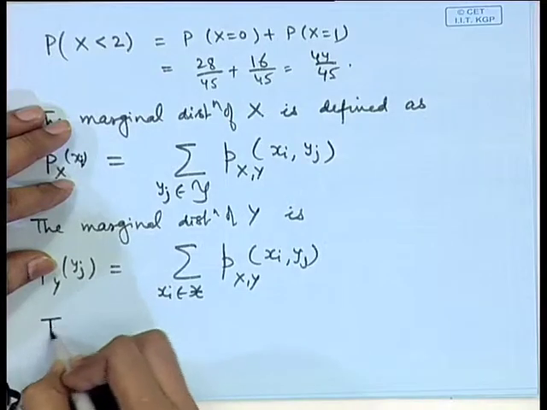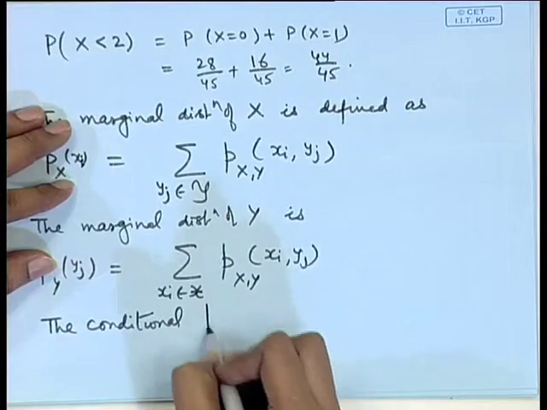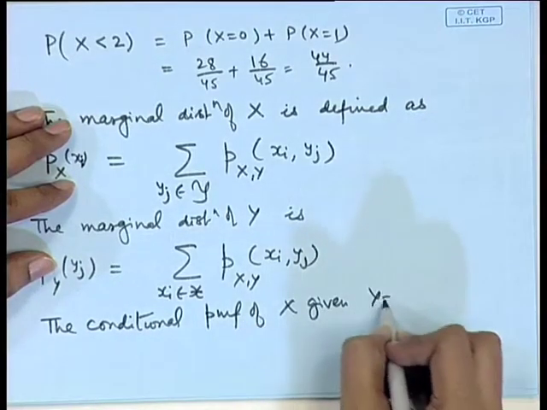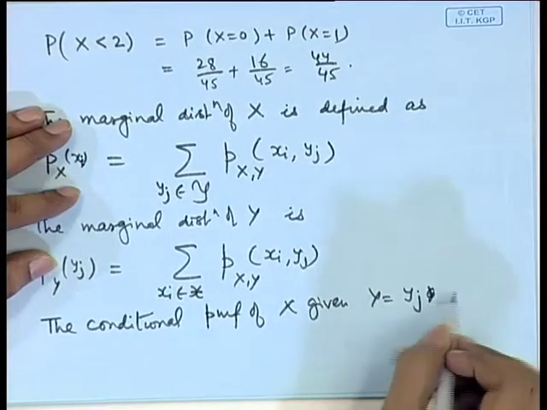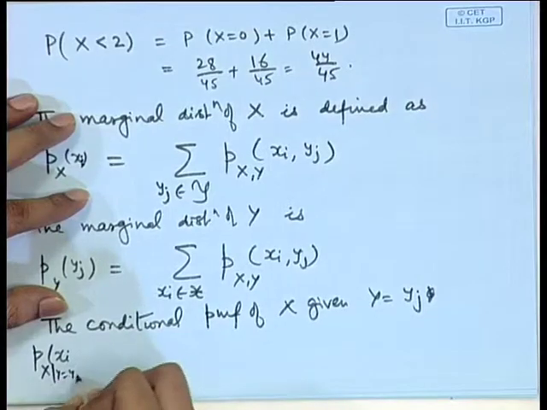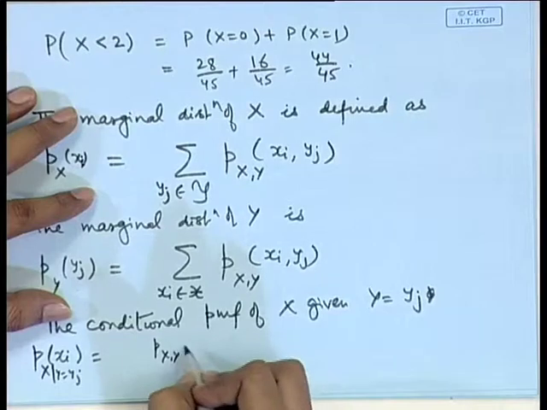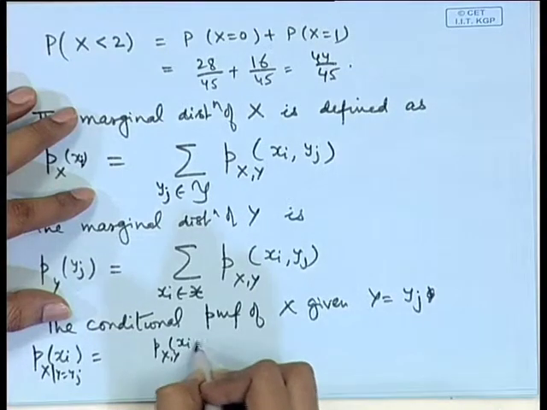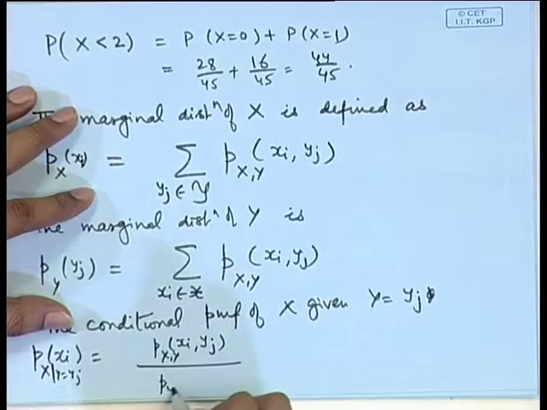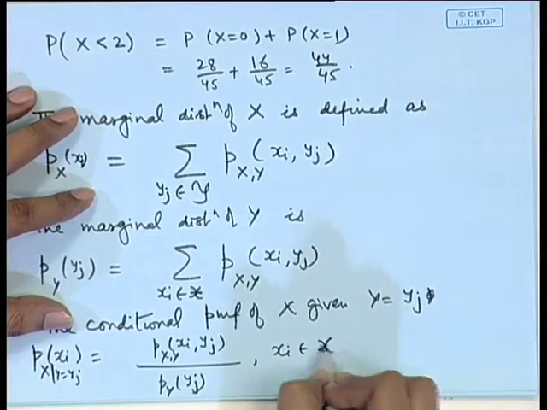This is known as the conditional distribution. So, we may define the conditional probability mass function of x given a value, say y is equal to y j. This is given by the joint distribution of x and y at x i, y j divided by the marginal of y j, where x i varies over x.